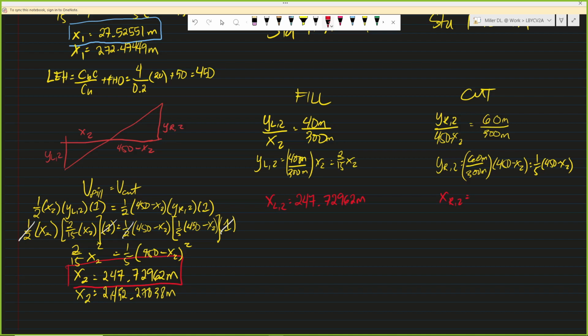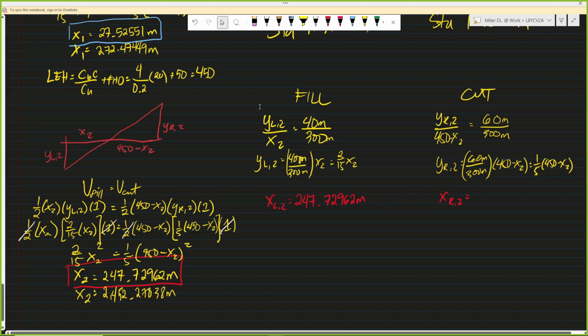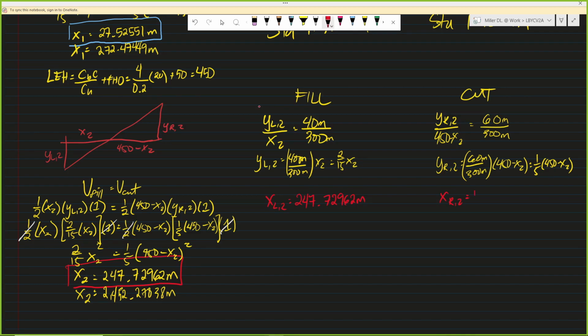What could be the value? We have 202.27038 meters.